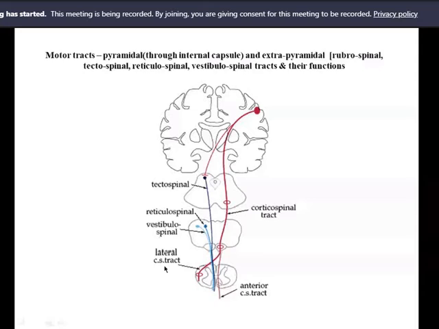But the other extrapyramidal tracts all go anteriorly, the tectospinal, reticulospinal, vestibulospinal, rubrospinal, right? This is the main thing you must remember. Your idea should be clear. Is it clear now? Should I proceed?